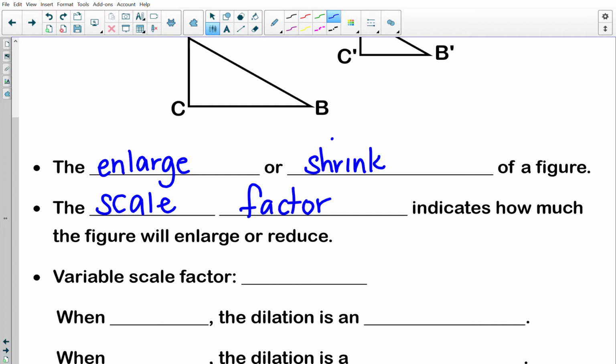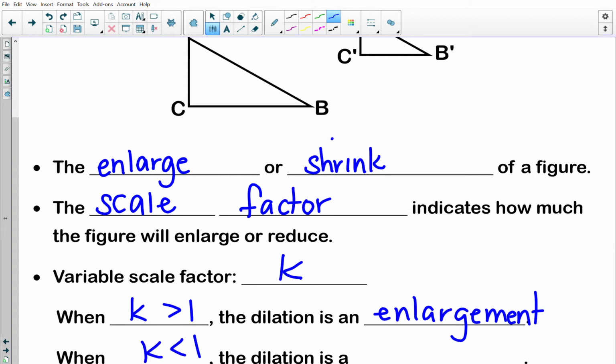So a variable for the scale factor is usually k, and when k is greater than 1, it's an enlargement. And when k is less than 1, it's a reduction, or it shrinks.